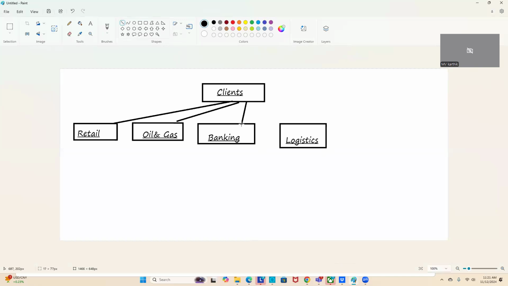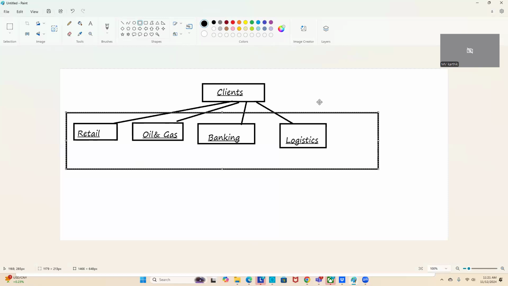Why am I explaining these domains? Basically, when you enter any IT platform, you have these clients. If you take retail, you have Walmart and Meijer. These are the clients for the retail domain. There are many, but these are related to retail.